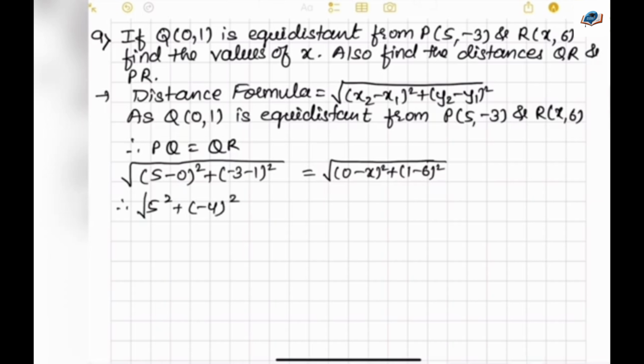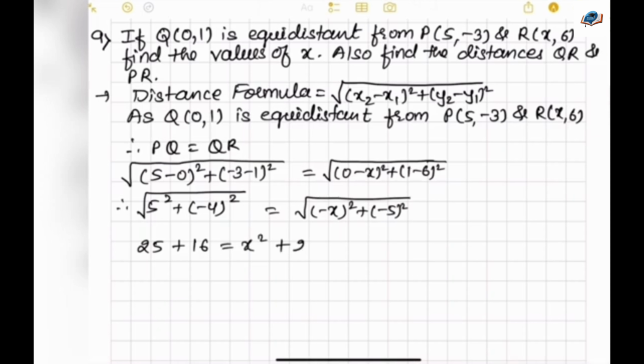Therefore, root of 5 square plus (-4) square equal to root of (-x) whole square plus (-5) whole square. So, squaring both sides, I will have 25 plus 16 equal to x square plus 25.